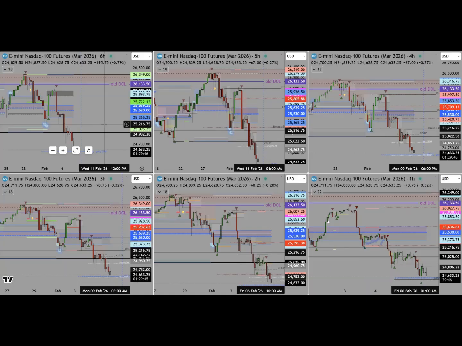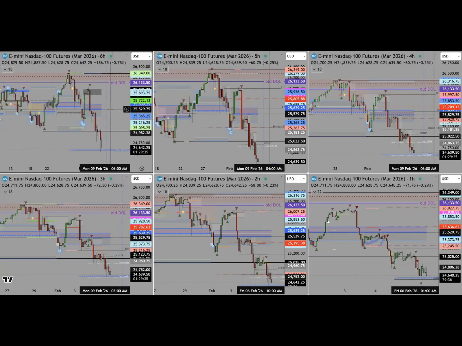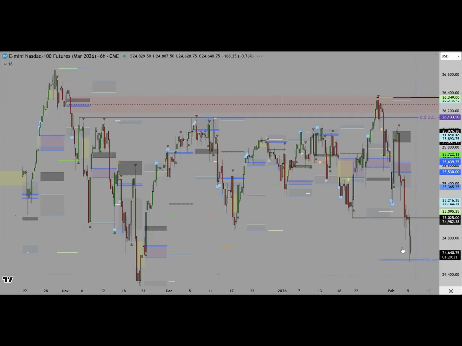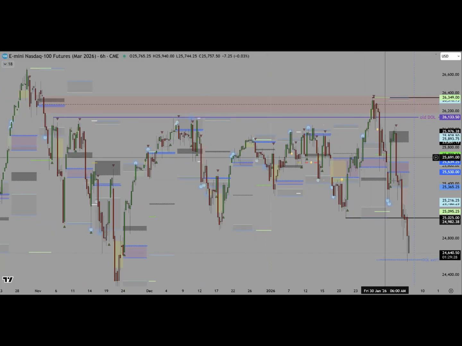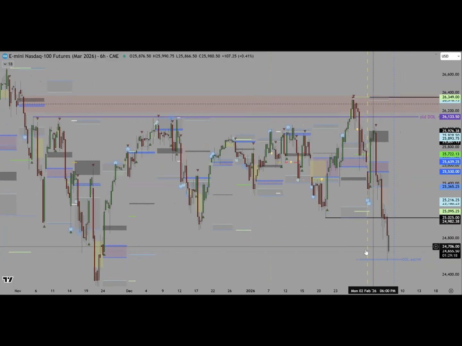Very interesting. If you analyze this, you can see we went from a previous month high over here to the previous month low. I can put this at the beginning of February, and this January, to the previous month low over here. Let me make this clearer.